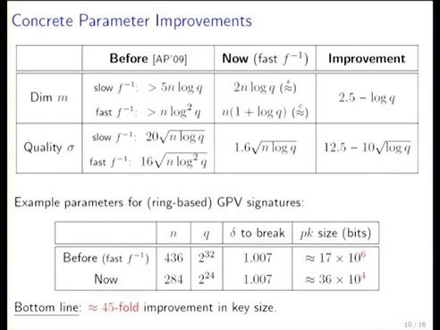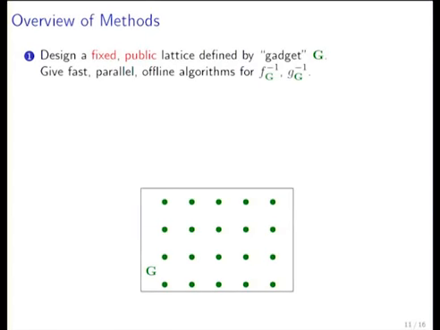As an example, we get dimensions which are smaller by a factor of 32, and standard deviation smaller by a factor of 25 for typical instantiations. And this already gives an improvement between 1 and 2 orders of magnitude in the size of the resulting keys. Plus, as we use a different notion of trapdoor, which instead of being an n by n matrix, is an n over 2 by n over 2 matrix, that gives an additional factor of 4 in performance.